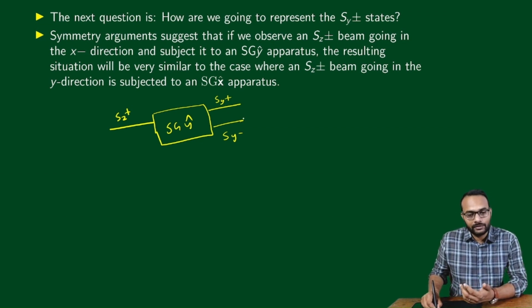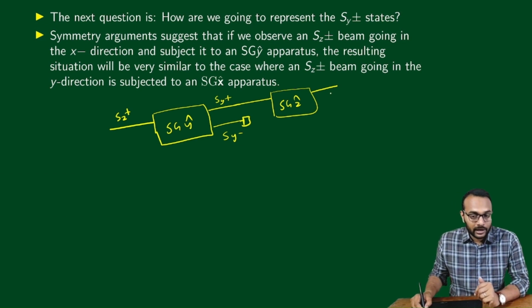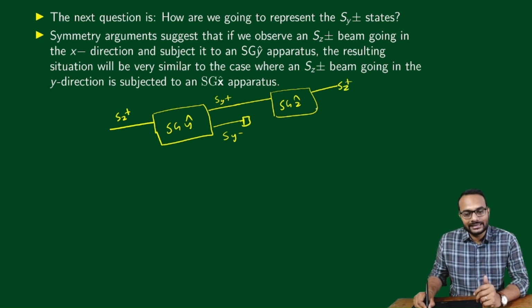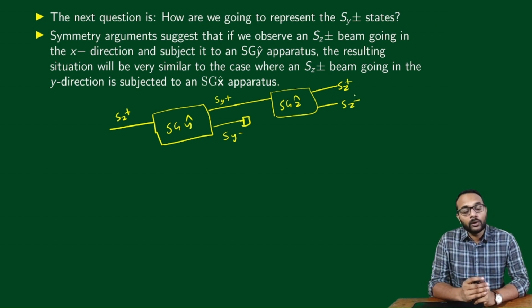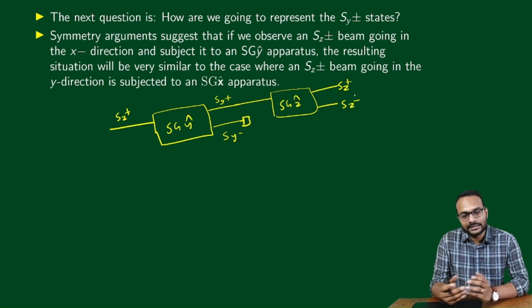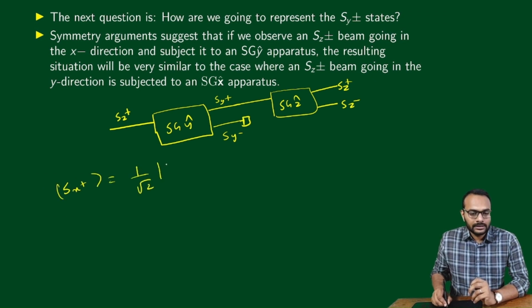Now again, if I block this, and then subject it to an Sz hat apparatus, what do I expect based on our arguments before? I expect that there should be an Sz plus beam and an Sz minus beam. Now if our correspondence is correct, we said that all these things can be described by stating that Sx plus can be written as a superposition of some sort of abstract vectors, like 1 by root 2 Sz plus plus 1 by root 2 Sz minus.